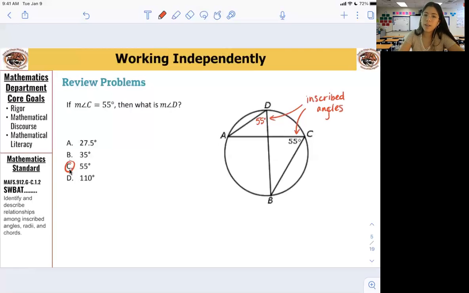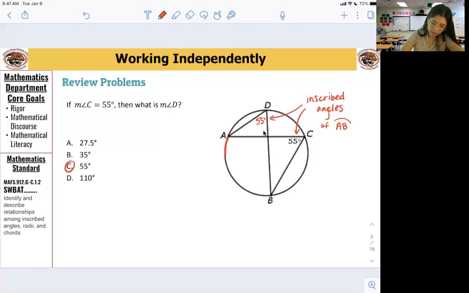Which arc do both of these intersect? Nope, not DC. Where do they open up onto? AB.